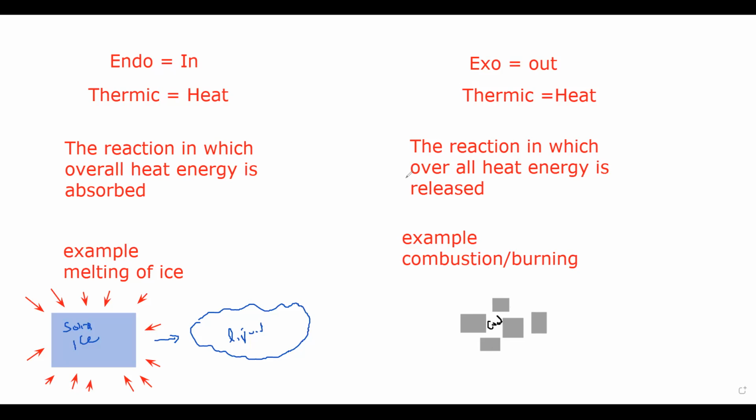Coal is reacting with oxygen, and when it reacts with oxygen, overall energy will be released. If the energy is going out from the system to the surroundings, we call that an exothermic reaction. So a chemical reaction can be endothermic, absorbing energy, or exothermic, releasing energy.